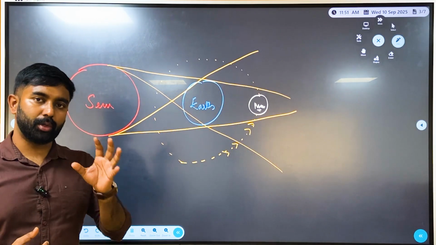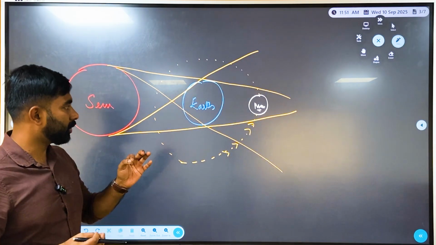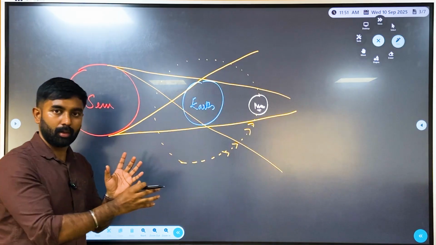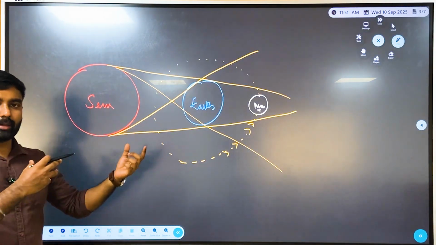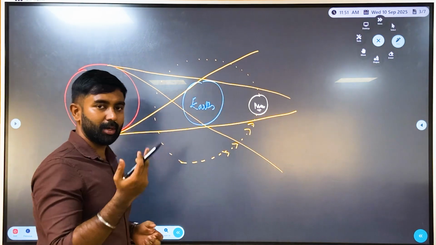One simple way to define lunar eclipse in layman terms is that when earth comes in between the sun and moon, we can say that the moon is completely eclipsed, the lunar eclipse. So what should generally happen?